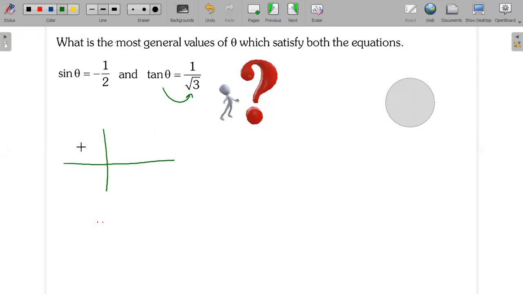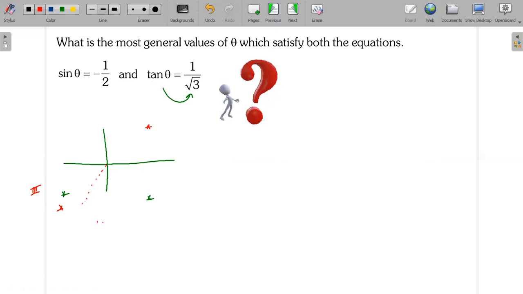Sine will give you negative in quadrant number 3 as well as in quadrant number 4, whereas tan will give us a positive response in quadrant number 3 as well as in quadrant number 1. So yes, if there is any possible value of theta, then definitely it will exist in quadrant number 3 only. So finally we come to know, yes, quadrant number 3 may be your desired region.